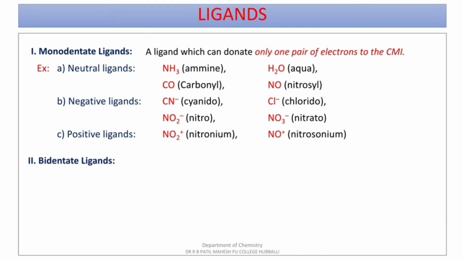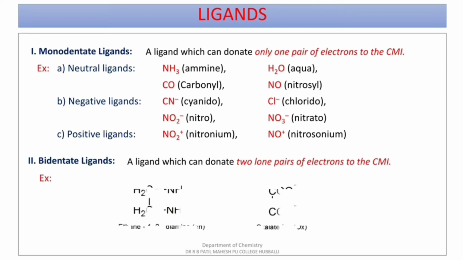Moving to the second type of ligand, that is bidentate ligand. Here a ligand can donate two pair of electrons to central metal atom. Example, ethane 1,2-diamine, en representation, CH2 NH2 NH2. There are two nitrogen atoms and both are having lone pair of electrons.